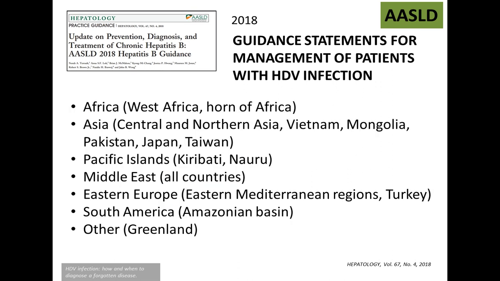In this guidance, the countries that are mentioned are the following. In Africa, especially West and Horn of Africa, Central and Northern Asia, Pacific Islands, Middle East, and several countries of Eastern Europe, some Mediterranean regions such as Turkey. In South America, especially the Amazonian Basin, and other countries such as Greenland.